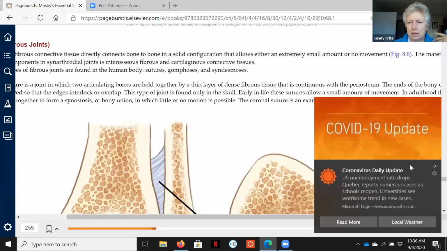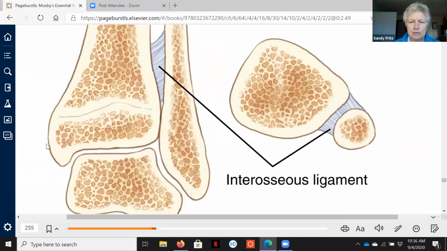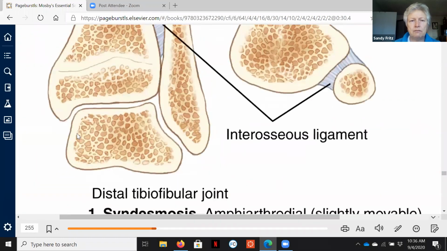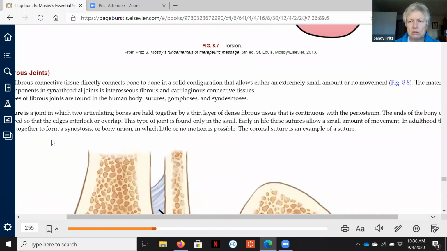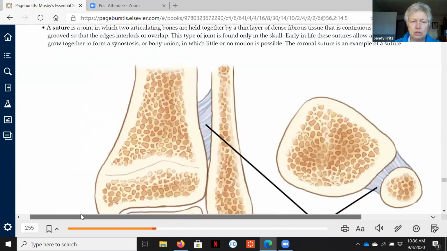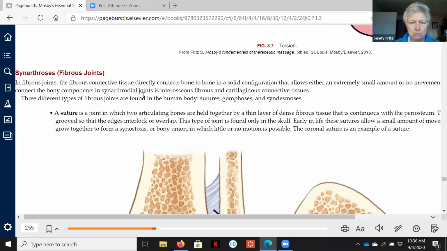All right. So we will talk about this more. Now we're getting into the individual joint types. Now we're back into a language and terminology that you need to understand. So notice multiple names: synarthrosis, fibrous joint. You've got to know both terms.